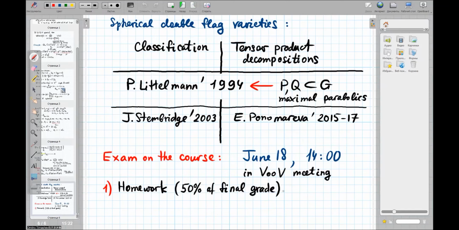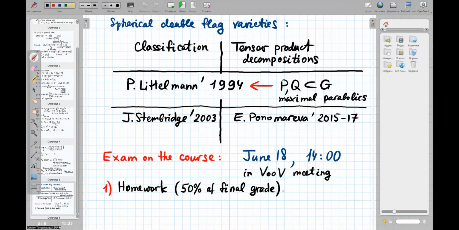Maybe I will give you a list of about 20 exercises or so, one half of the whole amount, which are most essential in my opinion, and which I would like you to solve to get the grade on the homework.